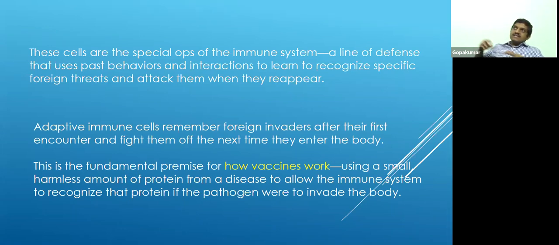If that is inserted into our body, whenever the coronavirus infects us, our B cells already know that whatever is coming is the protein that was already presented. So it has that memory, and it will go and combat without making us sick. That's the way this vaccine works.